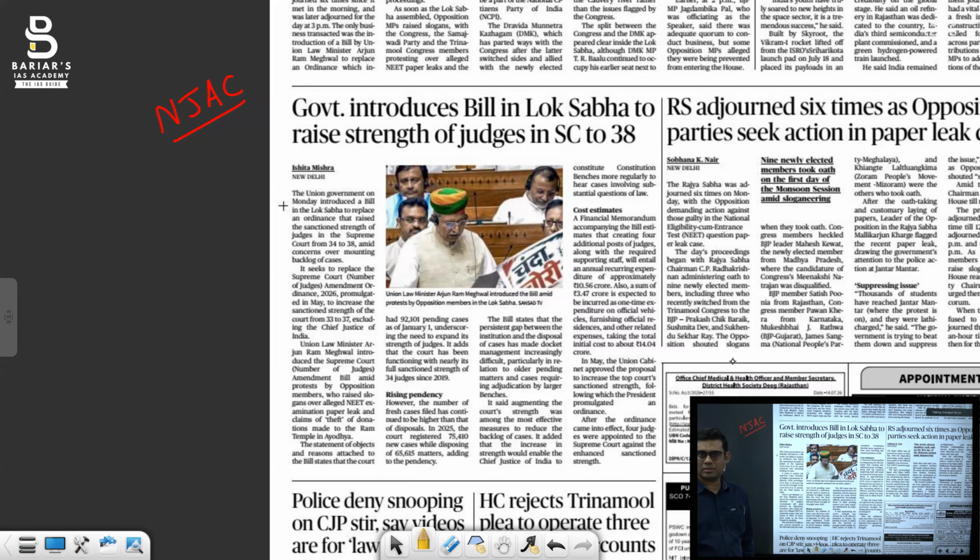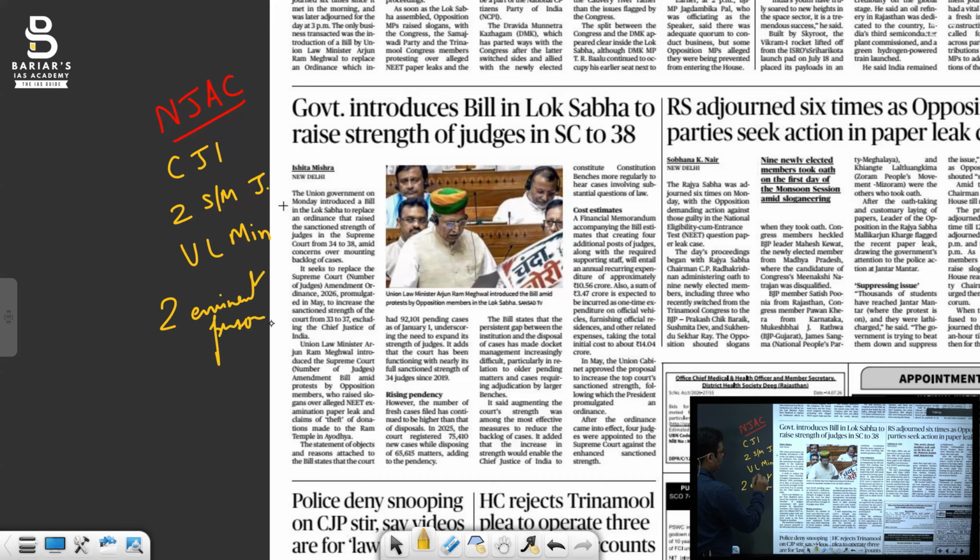Plus the extra appointments. So second judge's case talked about CJI, 2 senior most judges. Ye 3 ho gaye. Then the parliament comes into picture. So law minister, union law minister, 4. And then it provided for 2 eminent personalities, making it 6.